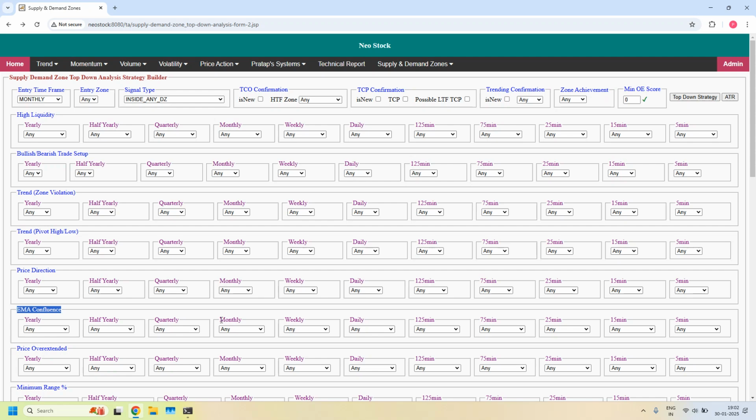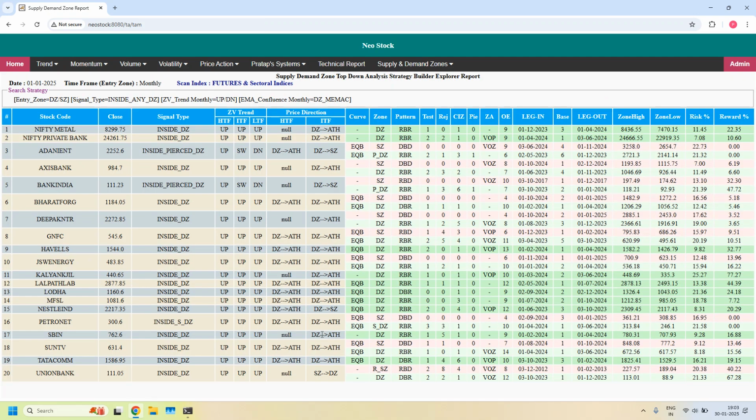In the EMA confluence monthly time frame, I am setting the filter monthly demand zone having monthly EMA confluence, and trend on the monthly time frame can be up or down. With these filters, we got 20 stocks. So these 20 monthly demand zones are having monthly EMA confluence, and also current price closed inside these monthly demand zones.